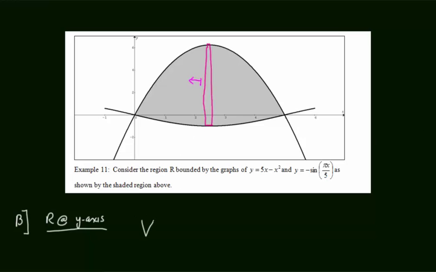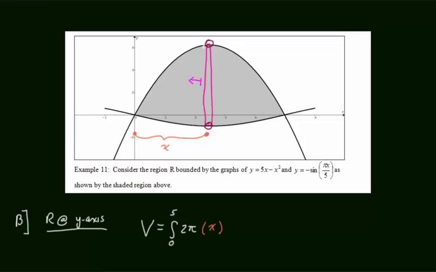So our volume is going to be from the first rectangle at 0 to the last rectangle at 5, but this time it's 2 pi radius. So do you see it here, the radius? Radius is going to be from the axis of revolution to the rectangle itself, and that's simply the value of x. Now we need the height of the particular rectangle, and that height is going to be top minus bottom, top minus bottom.